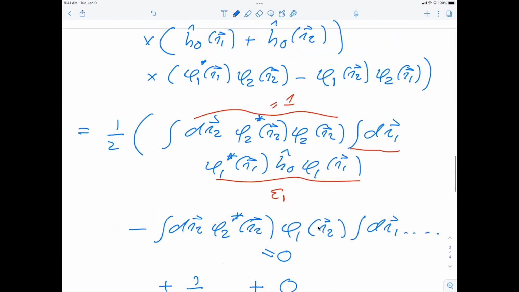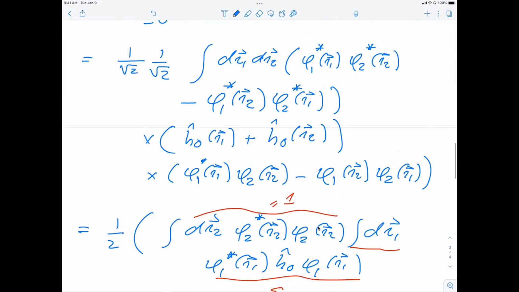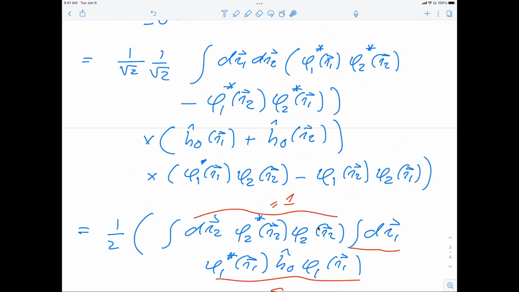And now we repeat everything, because now we go to this term here, and now I multiply this term with that term, and then with this term. So what would that give us?